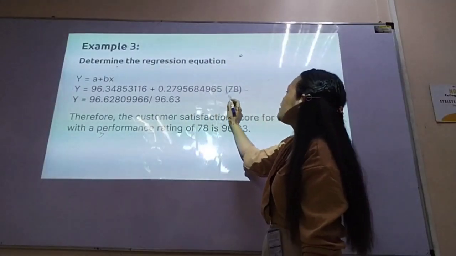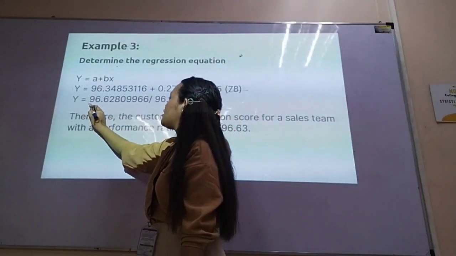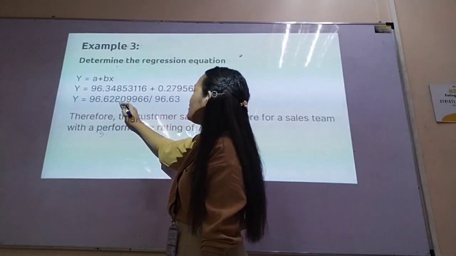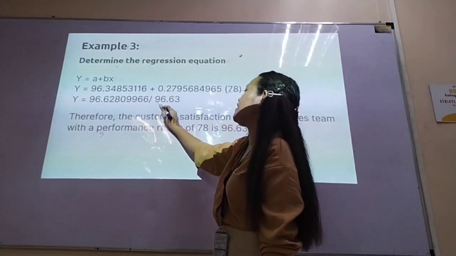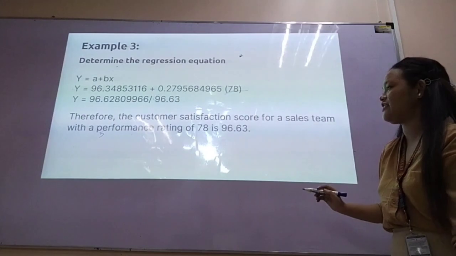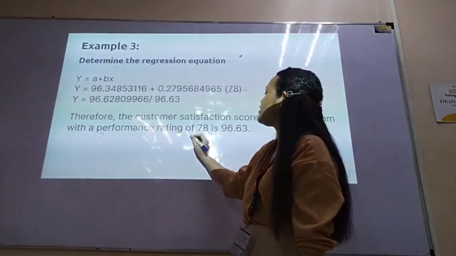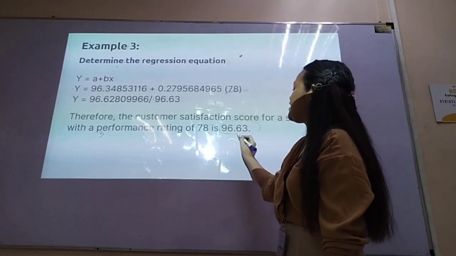If we're going to solve this multiplied by 78, we're going to get this value, which is 96.6280966, or simply 96.63. Therefore, we already have our answer. The customer satisfaction score for a sales team with a performance rating of 78 is 96.63.